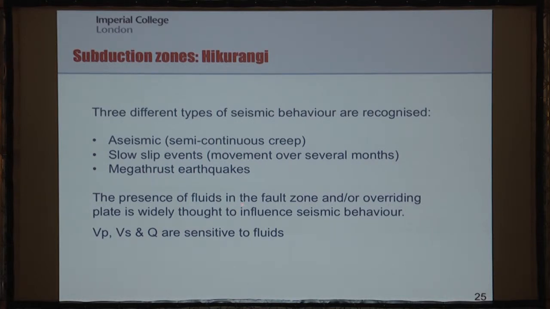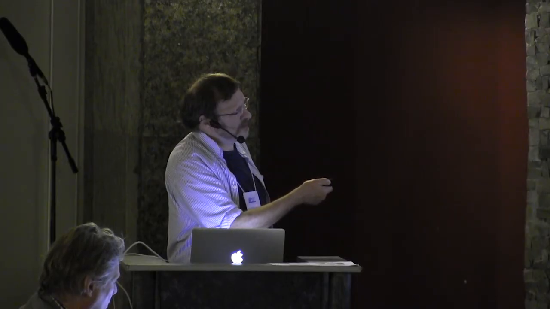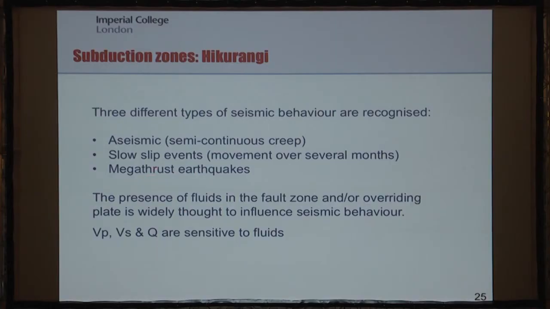And so we'd like to know, why do some parts of some subduction zones move like this, and some like this, and some like this? And if it's busy moving like this, is this possible? Or if it's moving like this, does that really mean that's not possible and that's a safe subduction zone? So we'd like to understand the whole system.